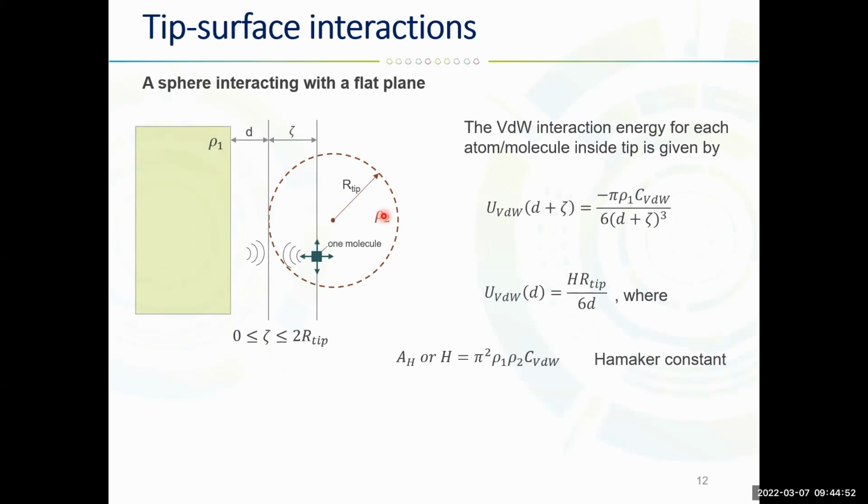To do that, we will take the result we just obtained, the 1 over d cubed dependence, and now it becomes d plus zeta cubed, because zeta is here and is going to tell where the particular atom or molecule is located inside the tip.